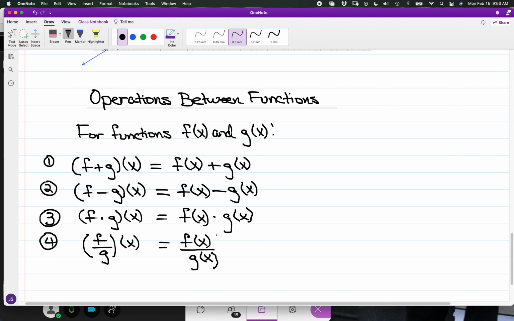And now, just like when we looked at domain for individual functions, we're also going to be looking into domain of operations between functions.